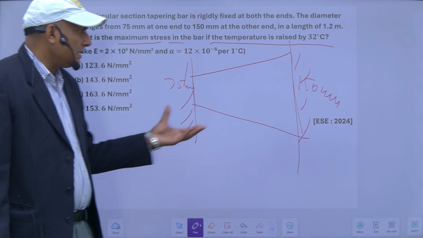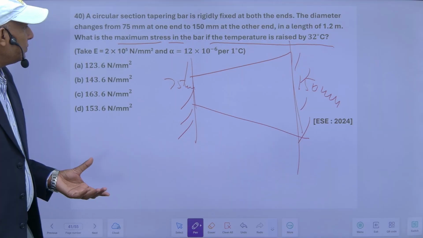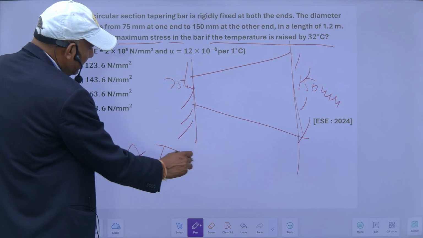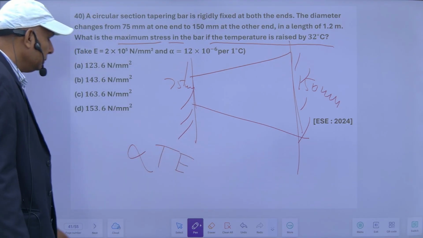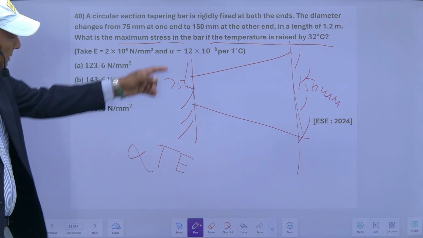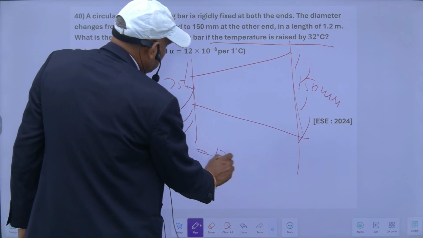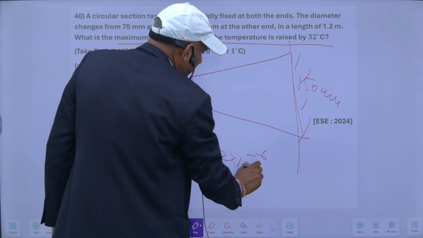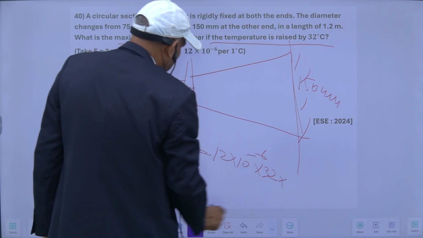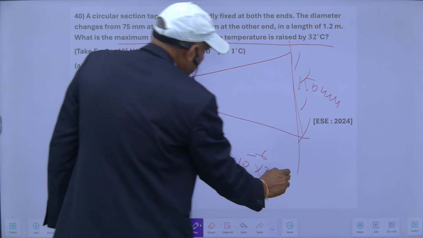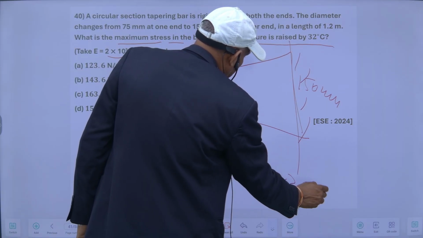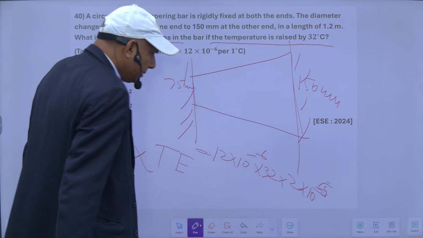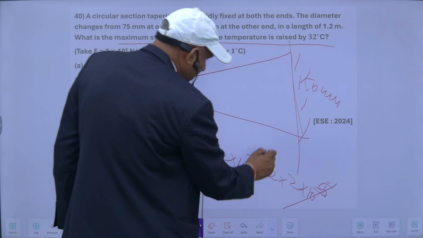So for the maximum temperature stress, the formula is alpha T E. This is the formula. So alpha in this case is this one, temperature is 32 and E is equal to this one. So this die will not play any part.